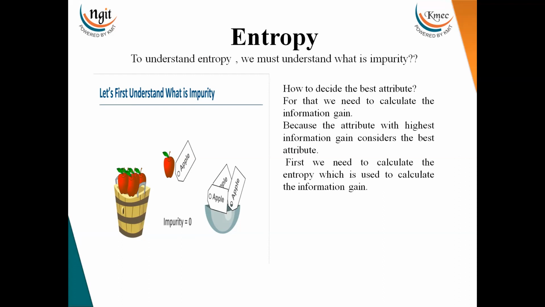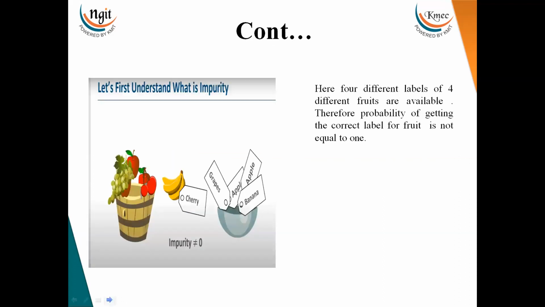If there is no impurity, the accuracy will be highest. In the first case, all are apple fruits and labels are also apple, so impurity was 0. But in this case, you have different fruits and different labels corresponding to them, so the impurity will not be equal to 0.